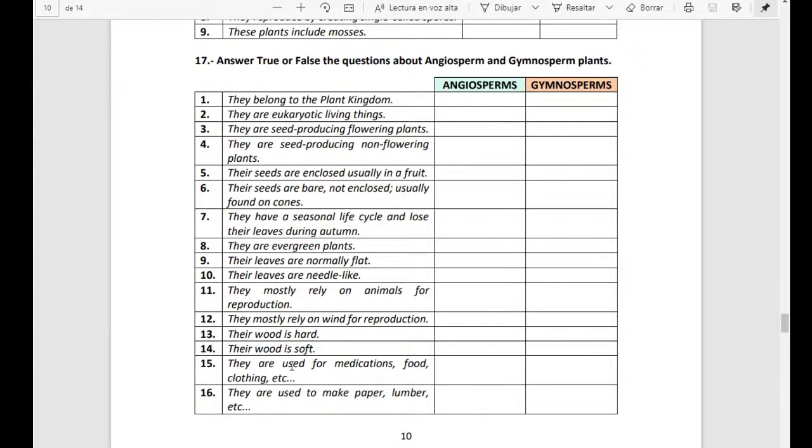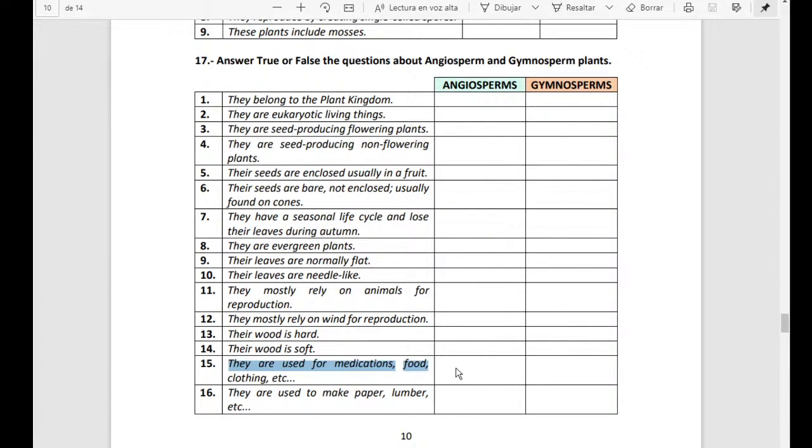I'm finishing now. They are used for medications, food, clothing. So for example, cotton, medication, food.